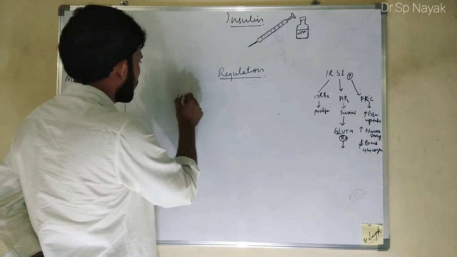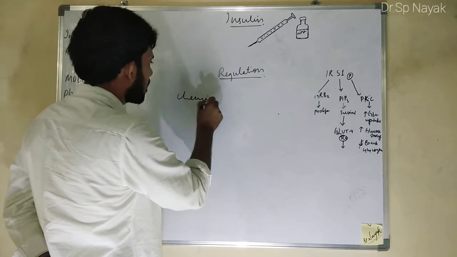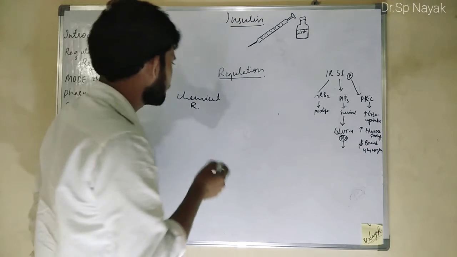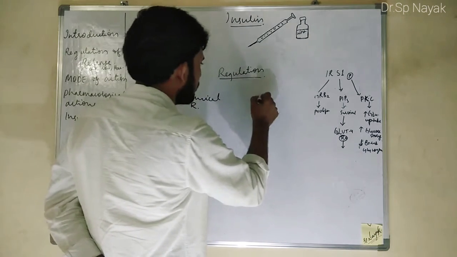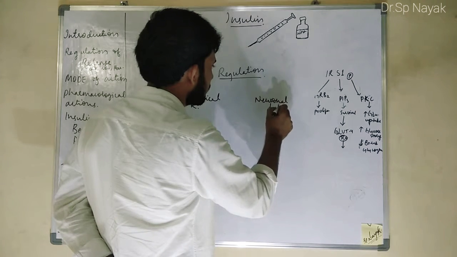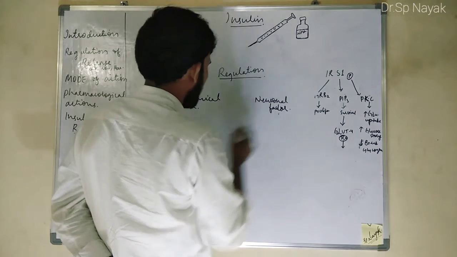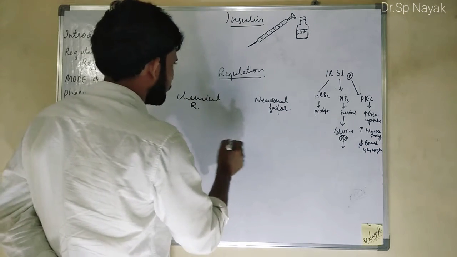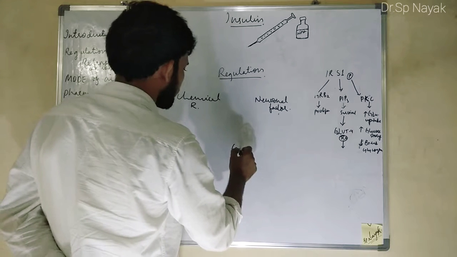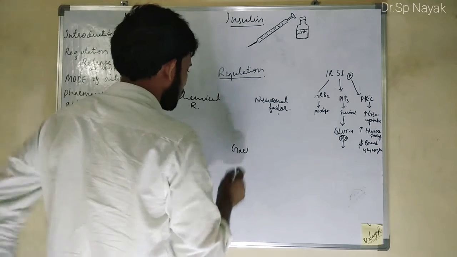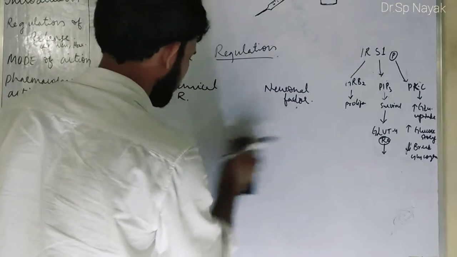The first one is chemical regulation or chemical factor. The other one is neuronal factor, and the third one is gastric or gastrins. It is also called incretins.